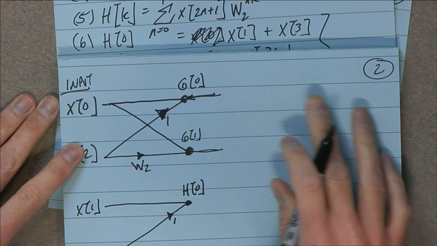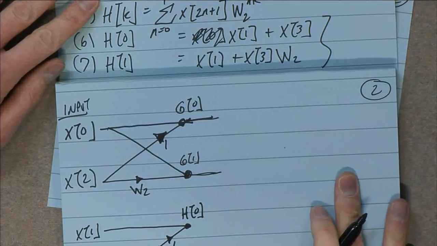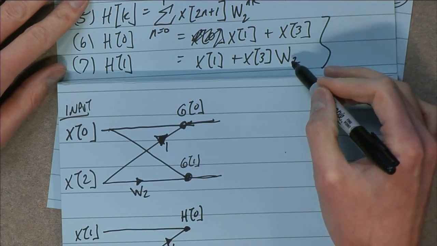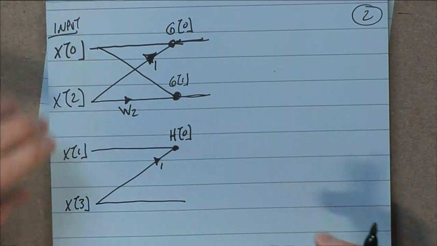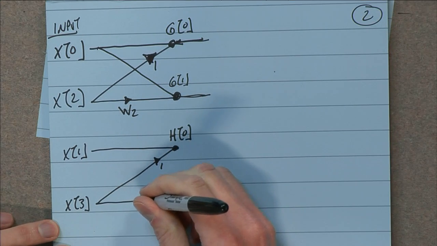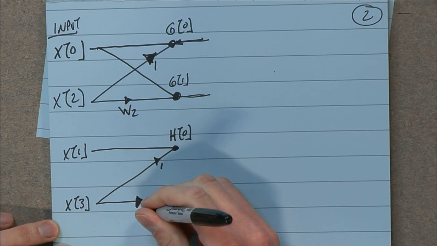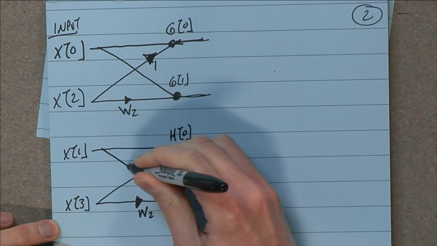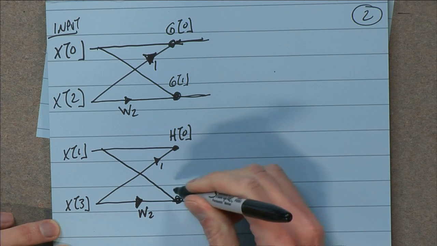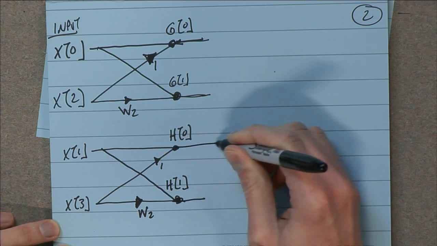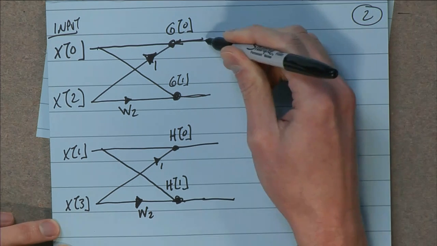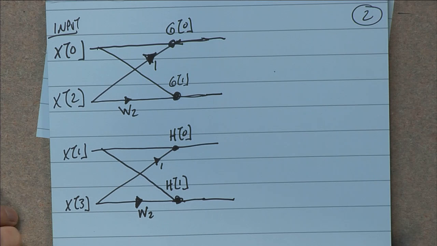And finally, I want to add X1 and X3 together and get H1, and it has this weight W2. So let's do that on the bottom part here. So now we've done what we're going to find out is our first stage of processing.